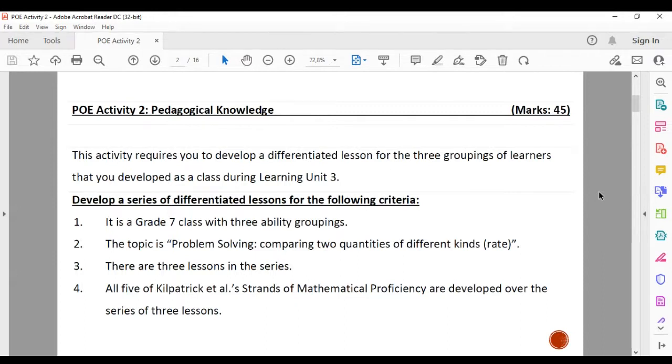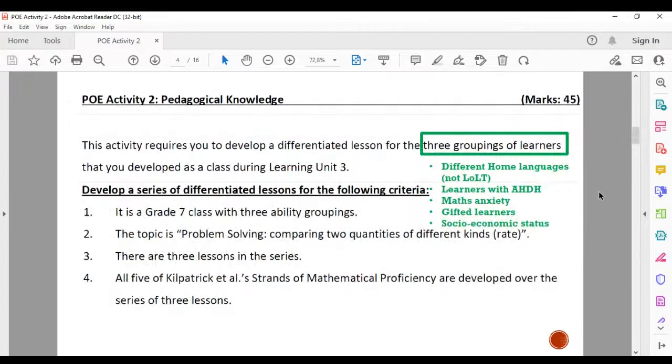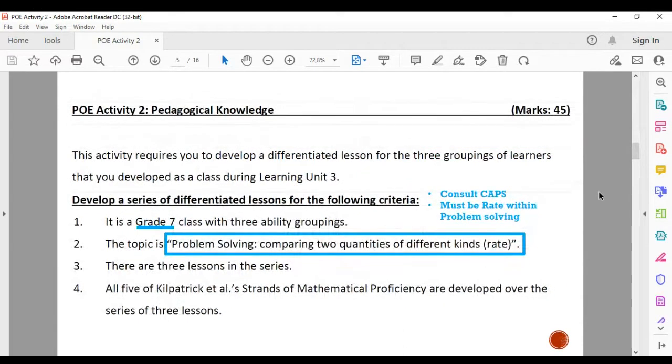We need to develop a series of differentiated lessons for the following criteria. It is a grade 7 class with 3 ability groupings. The topic is problem solving, comparing 2 quantities of different kinds. So it's rate: 2 quantities of different kinds.